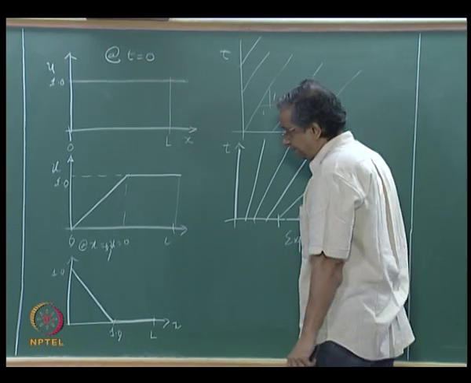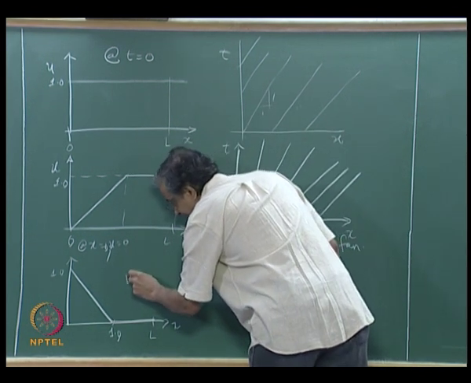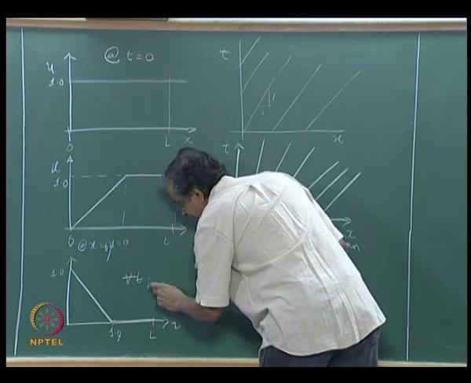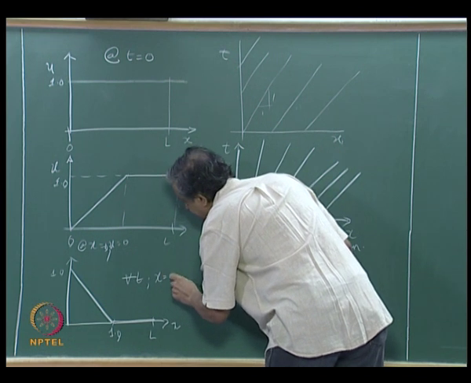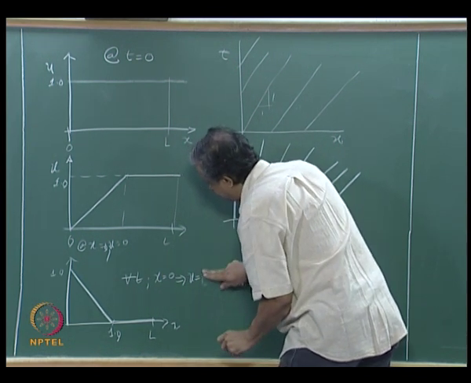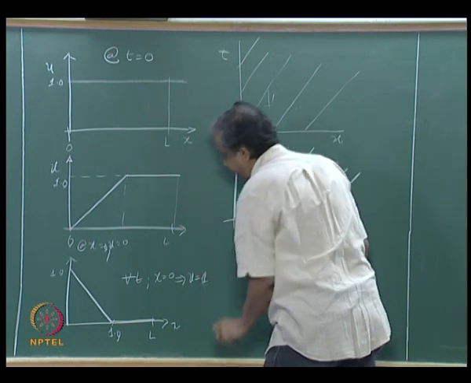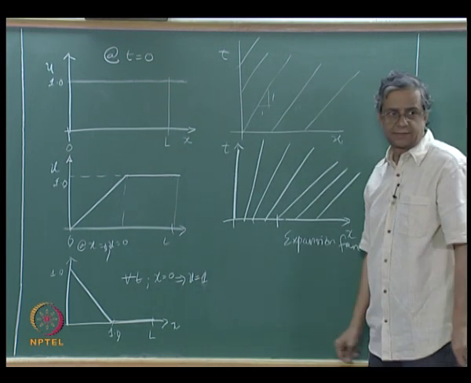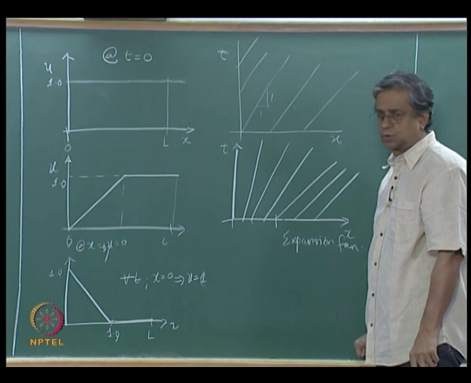And for all t, x equals 0 tells you that u equals, I am sorry, u equals 1. Is that fine? Okay.